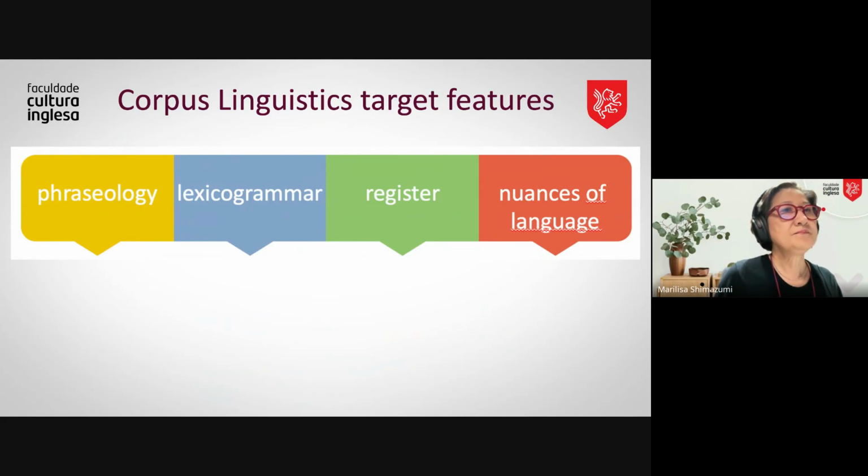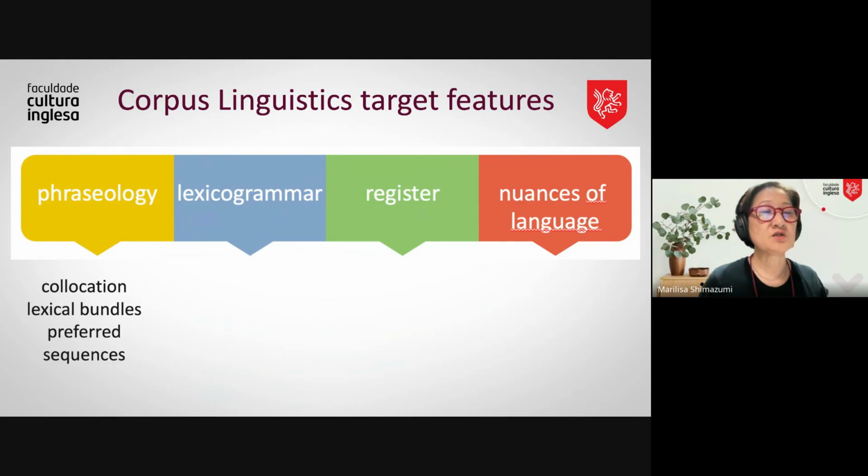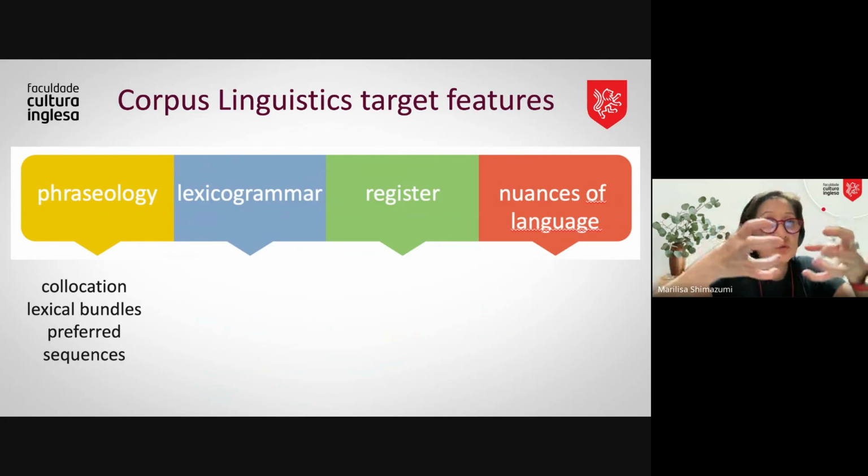So here, when we talk about phraseology, we are talking about collocations. I think you might have heard about collocations in Portuguese, colocação, collocations, lexical bundles. They are groupings of words or groups of words and preferred sequences, so sequences that are always together.